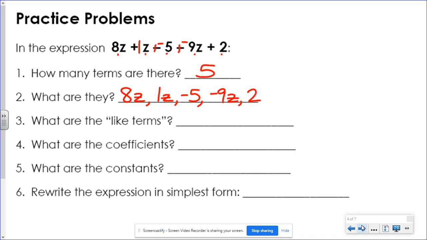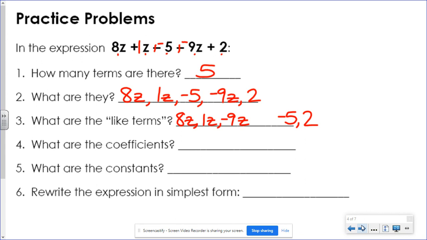Those are my 5 terms. The like terms are the things that could go together. So all of the z's, the 8z, the 1z, and the negative 9z all match. Also the constants, just the regular numbers, those are similar terms. They're like terms. So negative 5 and 2 is another pair.